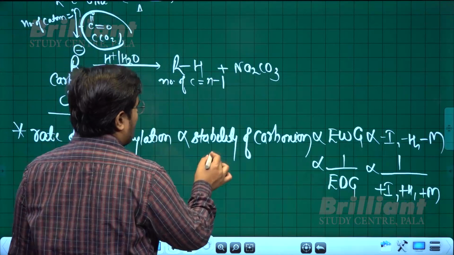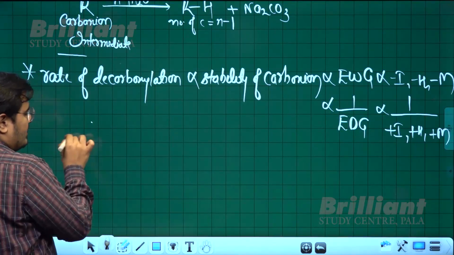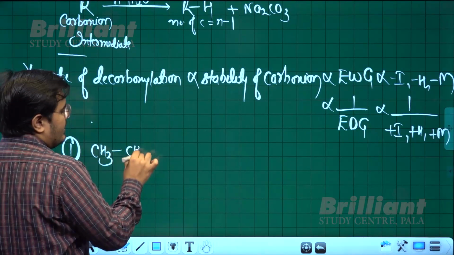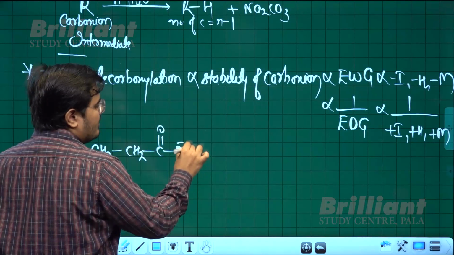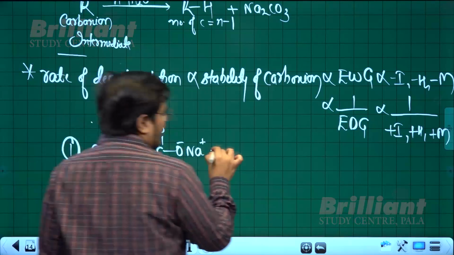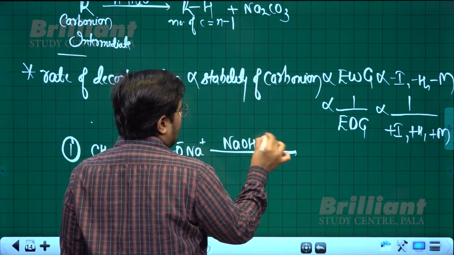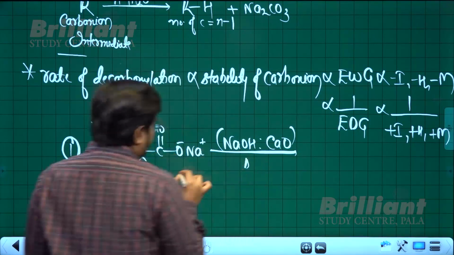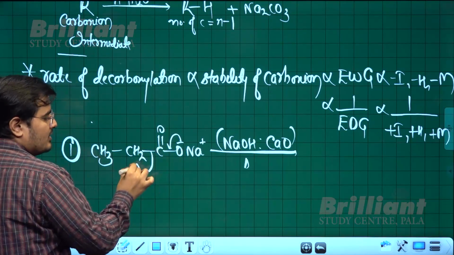So let's take an example. Let's say I am having CH3CH2COO- Na+, and I am heating it with the soda lime mixture, NaOH and calcium oxide. Then it is first going to undergo decarboxylation.